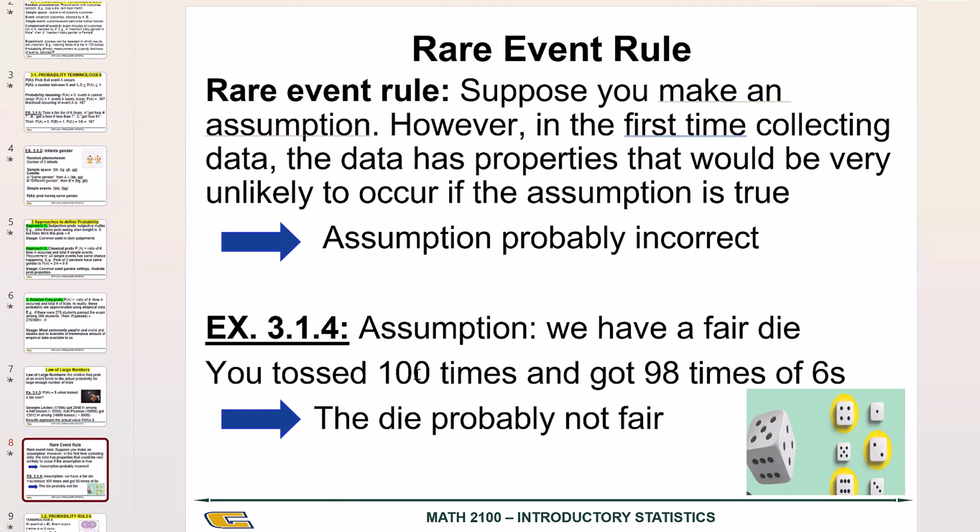This is the main logic that makes statistics work, and sometimes we say that if something is rare, it shouldn't happen in the first try.